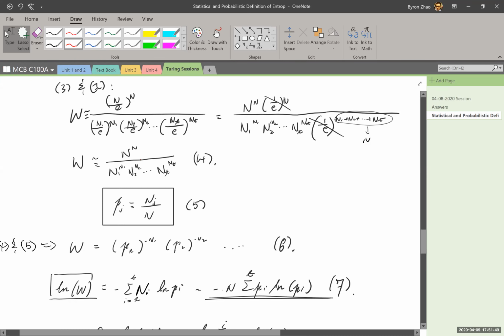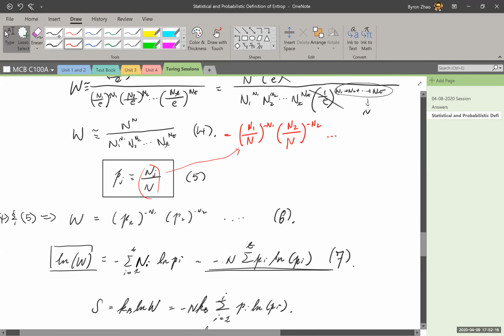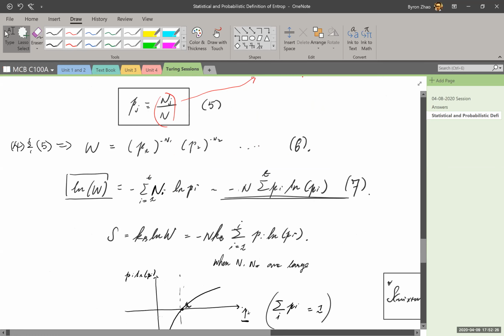We can do a little bit of algebra on equation number 4. We can write it as n1 over n to the negative n1, n2 over n to the negative n2, and so on and so forth, so that we can substitute this pj, and what we get is the multiplicity can be rewritten as this formula, number 6. So p1 to the negative n1, p2 to the negative n2, and so on and so forth.